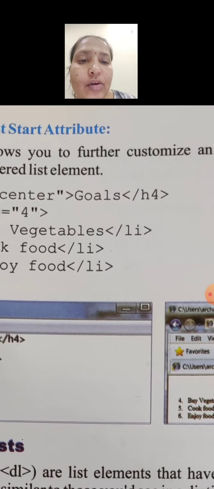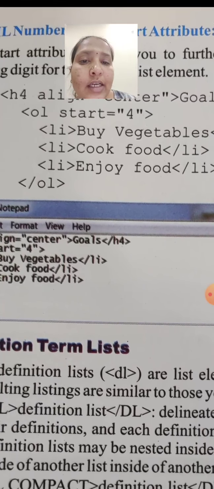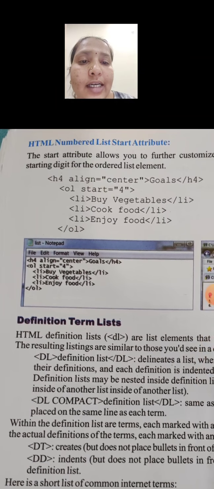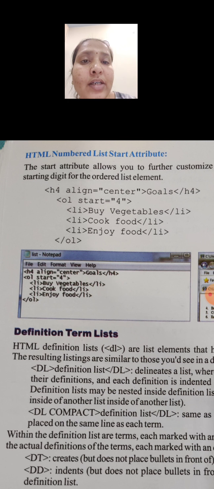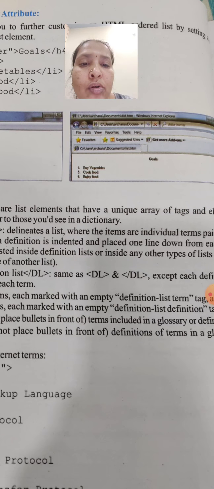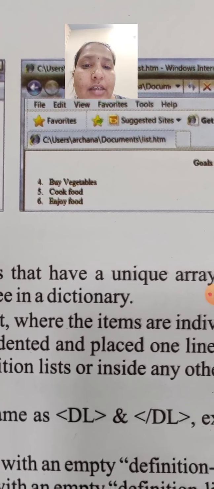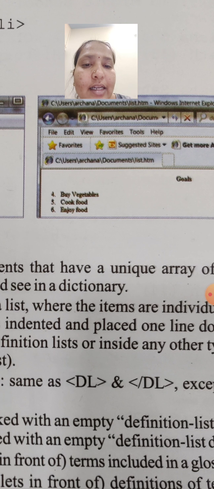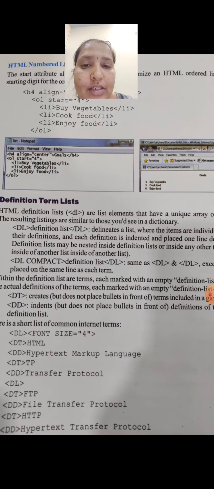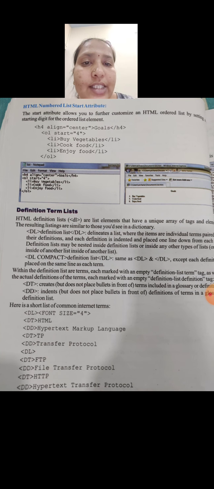See here, in the goals, the ordered list should start from serial number 4. They have given start 4. Okay, so the list 4, 5, 6, like that the list will come. This is all about the ordered list.